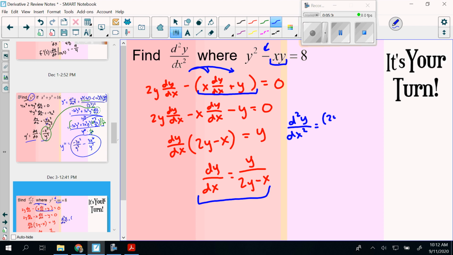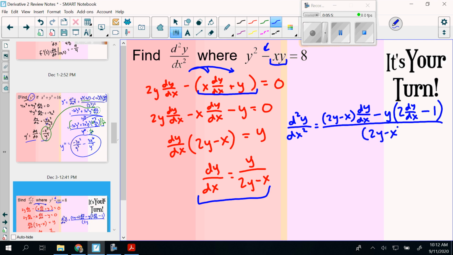So you've got low d high, with the derivative of y being just dy/dx, minus high d low. The derivative of that's going to be 2 dy/dx minus 1, all over our low function squared.